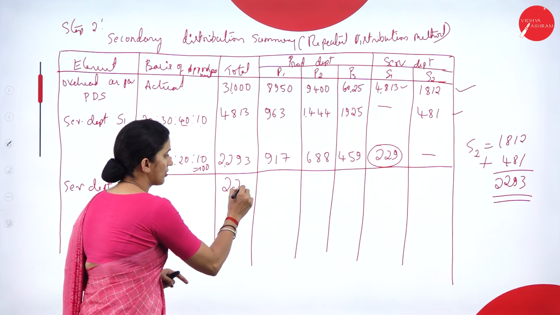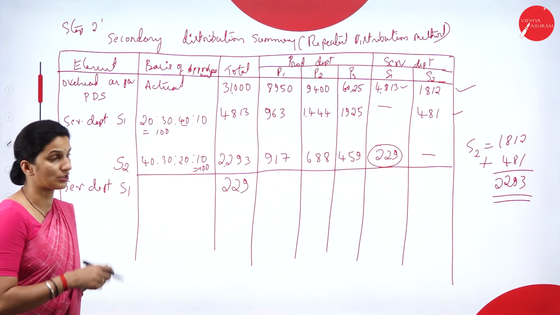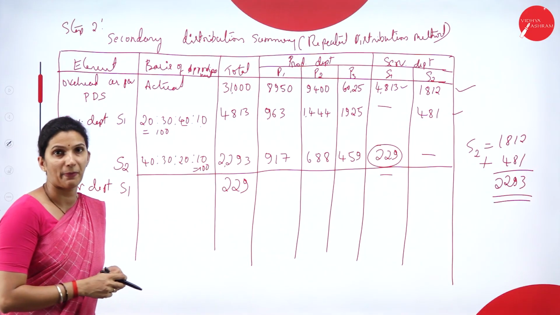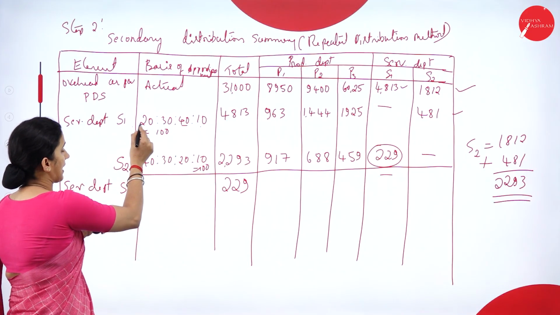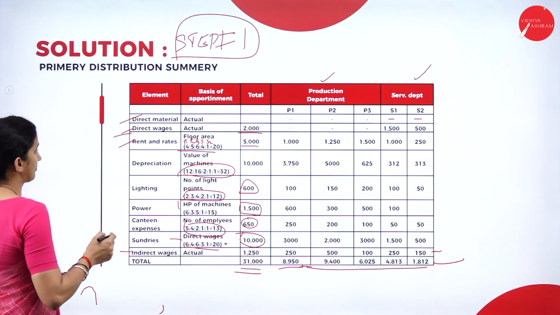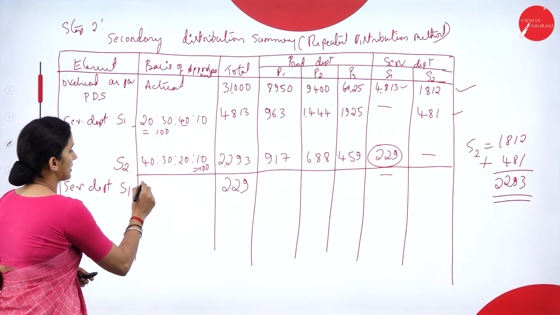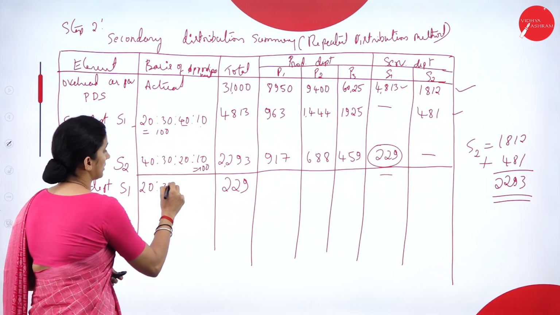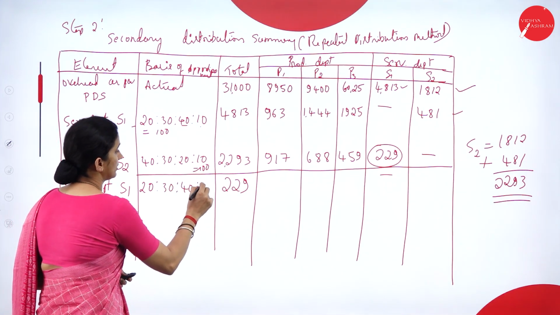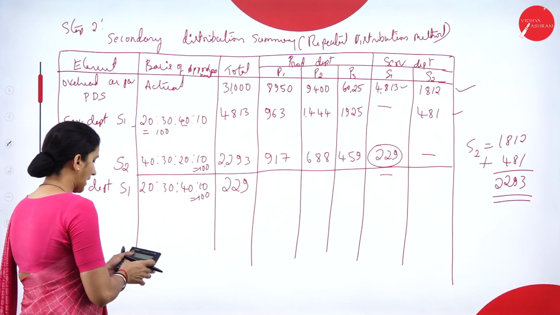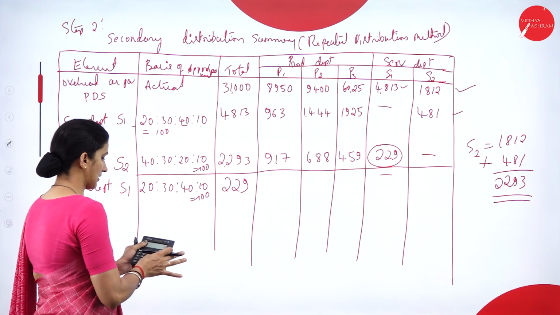That amount we will go for reallocation, allocating to all the other departments. The ratio will be the same: whatever ratio we have taken here will be taken again, that is 20:30:40:10. The total comes to 100. Now this 229 will be allocated in this ratio.